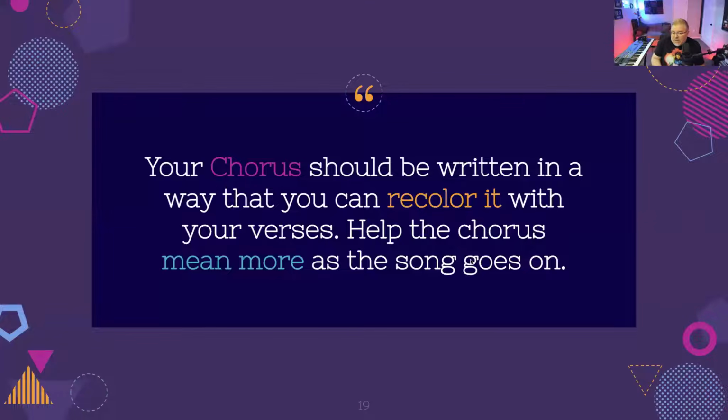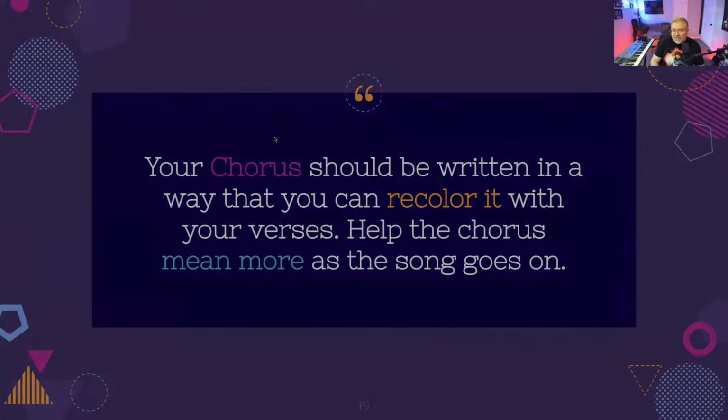Great choruses a lot of times should be written in a way that you can recolor them, to make sure that you're not boring your listener, and that you can help the chorus grow in meaning and mean more as the song goes on. Some of you may be asking, what does recoloring a chorus mean?